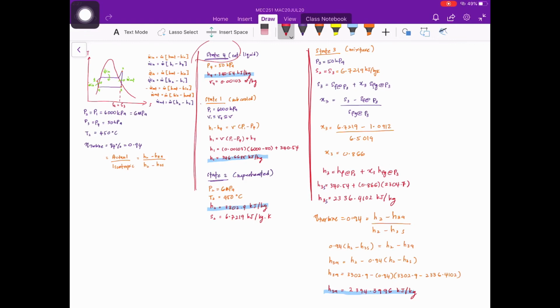State 1 is after the pump and before entering the boiler. State 2 is leaving the boiler and before entering the turbine, while state 3 is leaving the turbine and before entering the condenser.